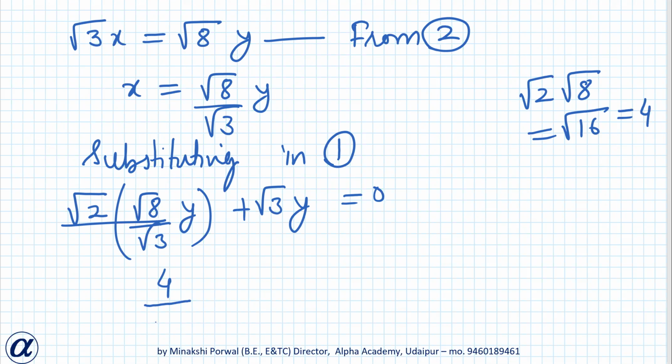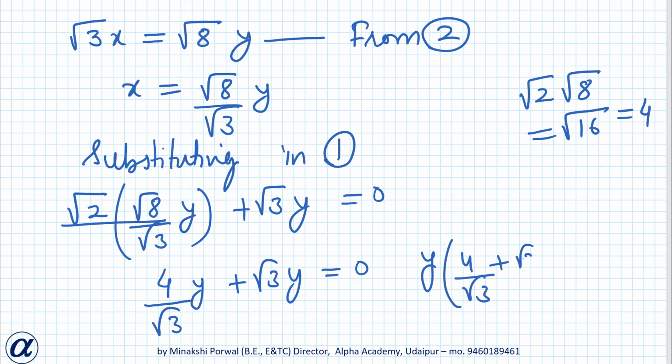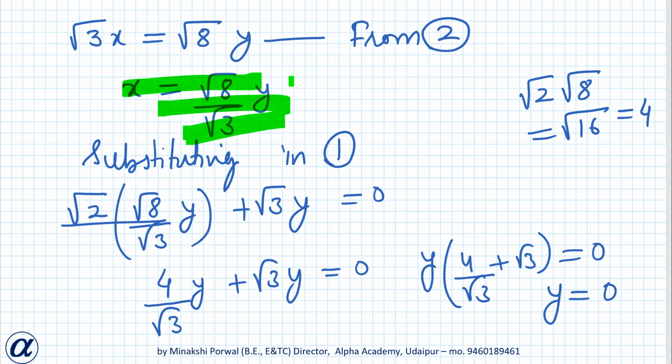So this is 4 upon root 3 y plus root 3 y equals 0, or y into (4 upon root 3 plus root 3) equals 0. So y is 0. If y is 0, when we substitute this value of y here, we'll get the value of x also 0. So the answer is x equals 0, y equals 0.